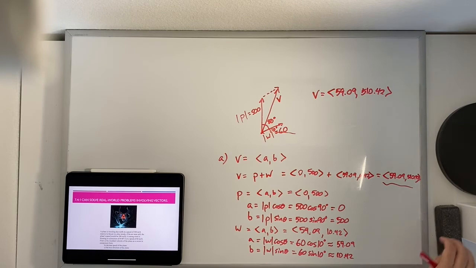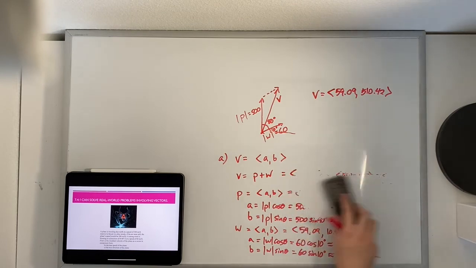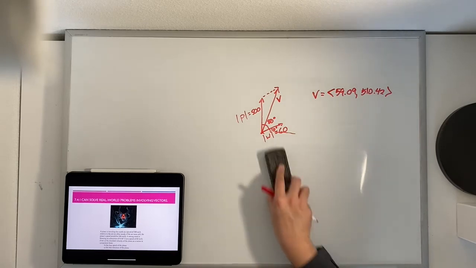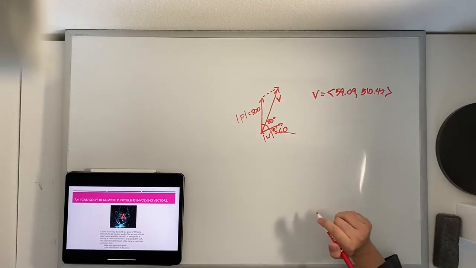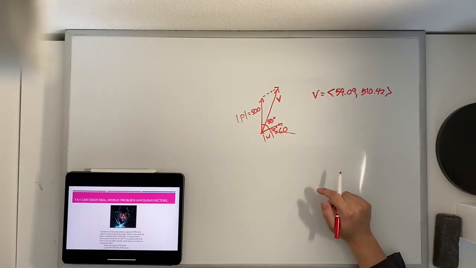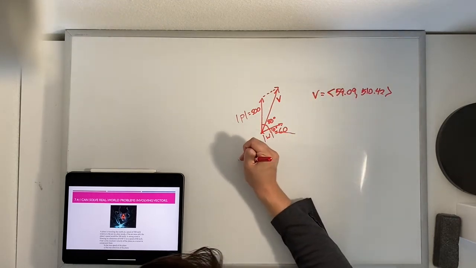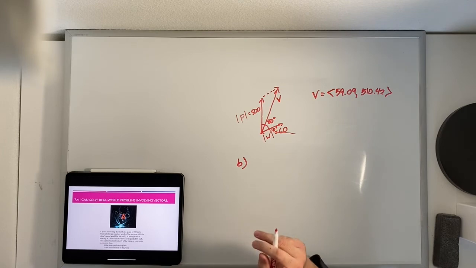All right, so let's move on to parts B and C. This is the vector, the true velocity of the plane in component form. Okay. Part B is asking us to find the true speed of the plane.